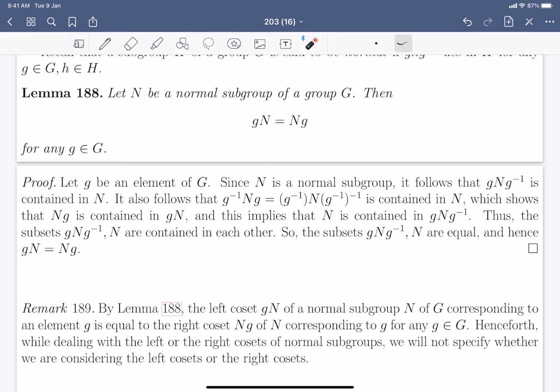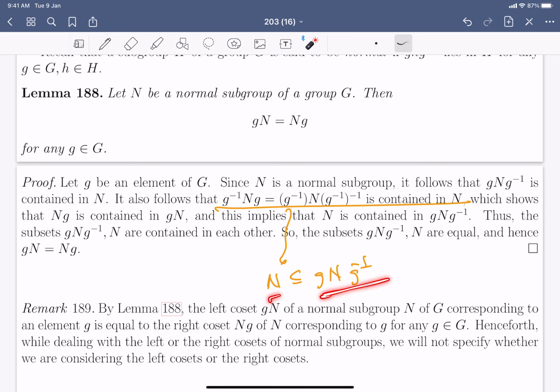So you have proved that gNg inverse is contained inside N, and you have proved that g inverse Ng is contained inside N. From this statement, it follows that N is contained inside gNg inverse. So you have proved that gNg inverse is contained inside N, and that N is contained inside gNg inverse.